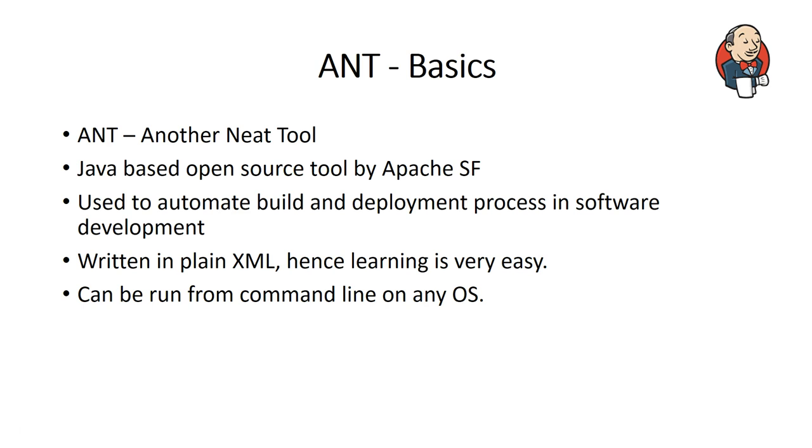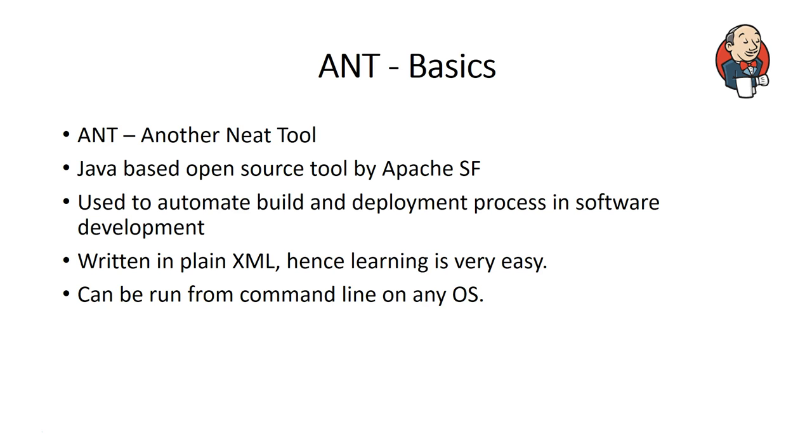The most important aspect of using Ant is that it doesn't need another set of code to be written in order to build the application. Rather, it just makes use of XML elements called targets to achieve this. Being written in XML and based on Java makes it OS independent as well.